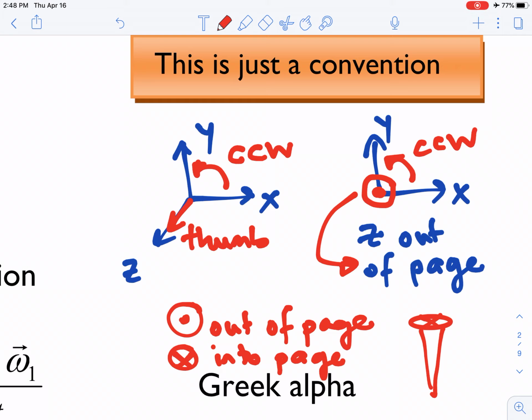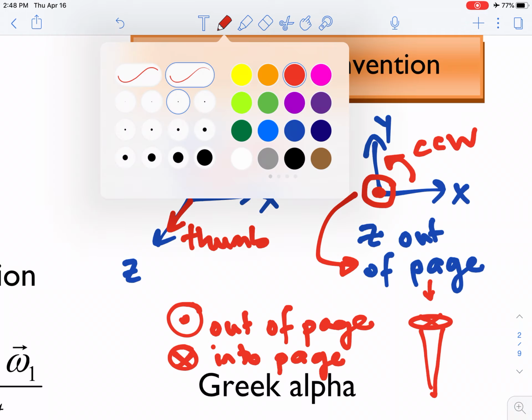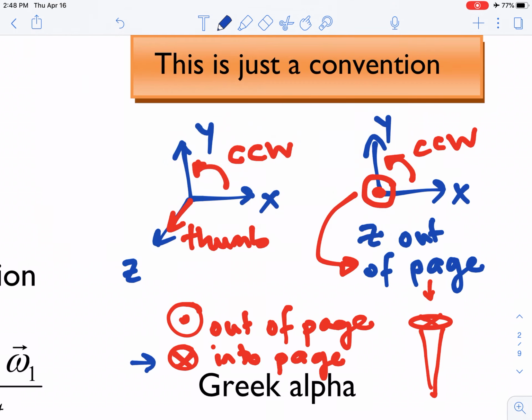So if you're looking from this way, you're seeing the top, because the screw is going into the page or into the wall or into the surface. If this is what you're seeing, that's into the page. But if you're looking from this side, what do you see? You see the tip. If you're seeing the tip of the screw, that means it is coming out, right? So that's how it is.